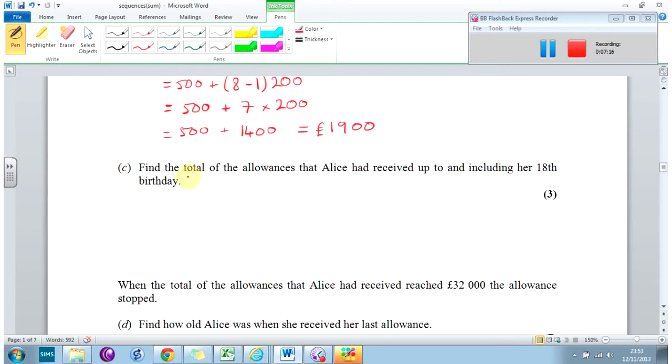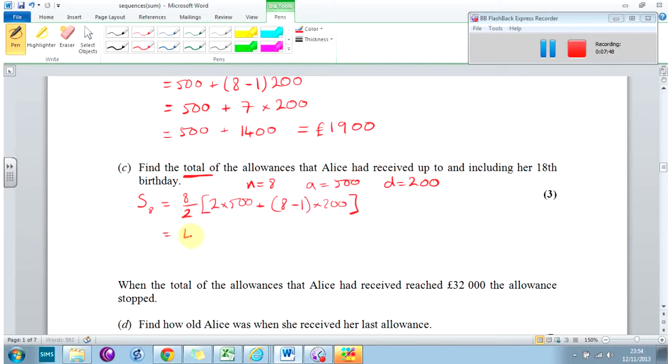Now, C. Find the total. So this is a sum problem, up to and including her 18th birthday. We already know that 18th birthday n is 8. We know that a is 500 and d is 200. So it's the sum of 8 terms, which is 8 over 2 times 2a plus n minus 1 times 200.